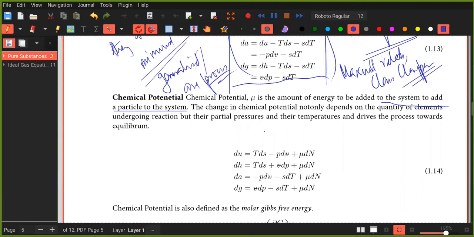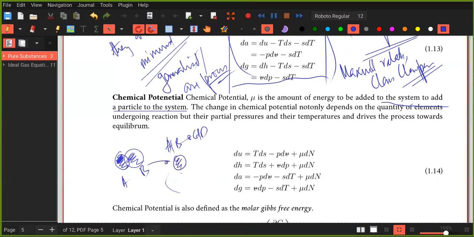If we have a system undergoing a chemical reaction from A to B, or A plus B gives C and D, it may proceed in this direction, it may achieve equilibrium.